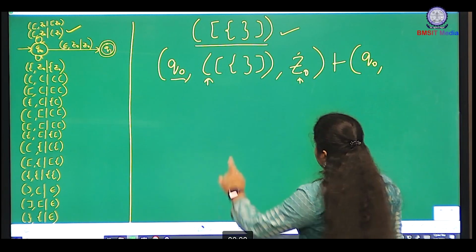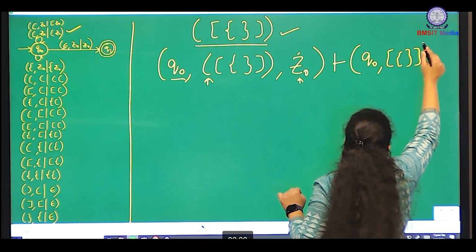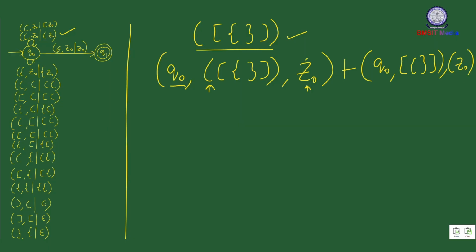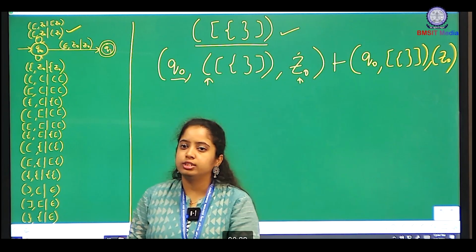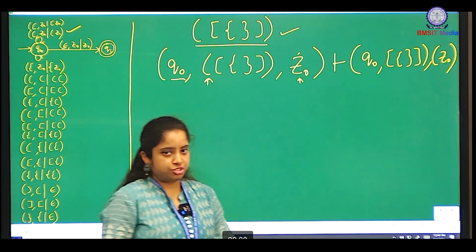Based on this particular transition, you will simply push it onto the stack. Q naught, the remaining string is, you just write down the remaining string and push that onto the stack. This is how you write the instantaneous description, or in the question they might ask you to show the sequence of moves made by the string.